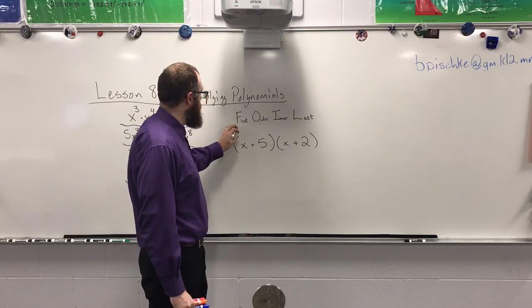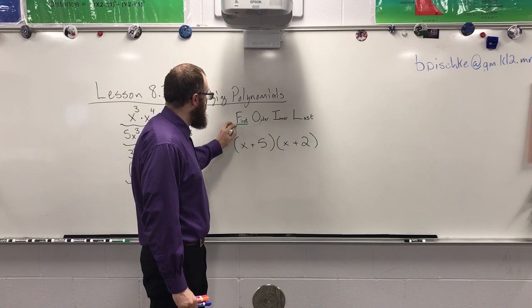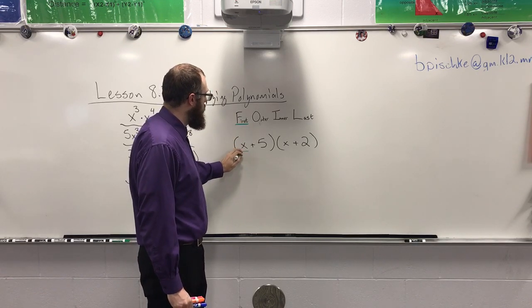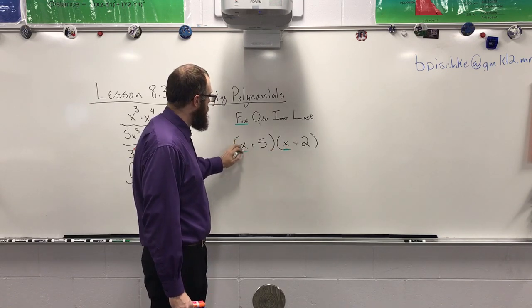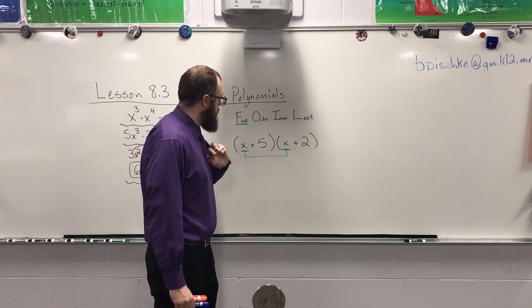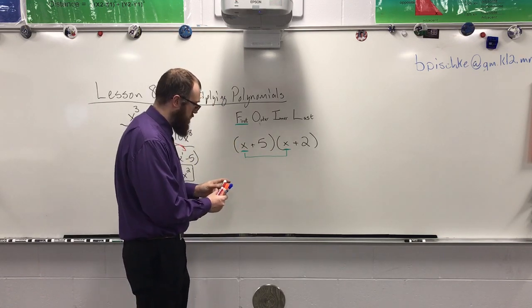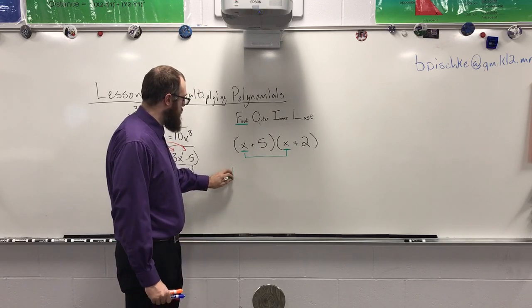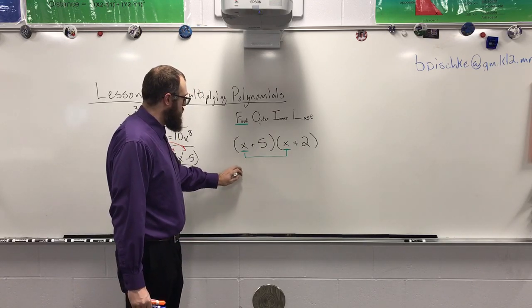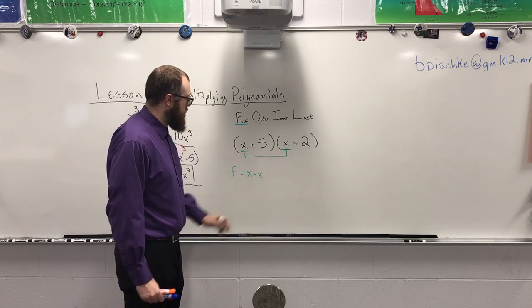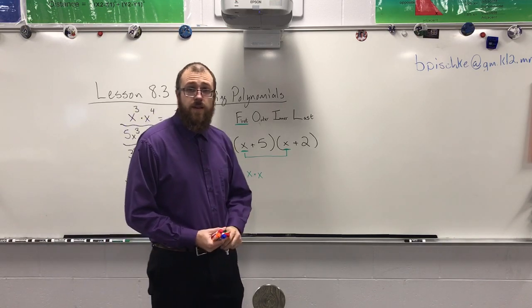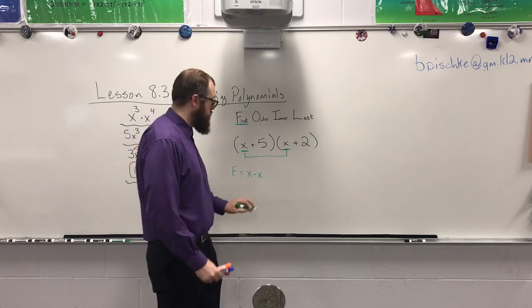Our firsts represent the first term in each of the binomials. So our firsts would give us x times x, which in this case, x times x is x squared.